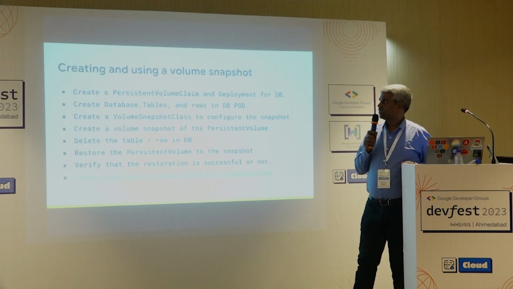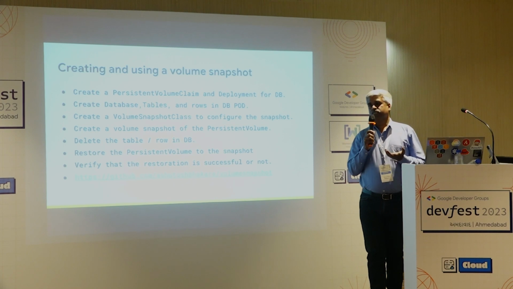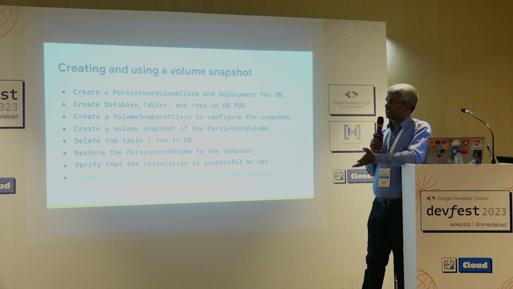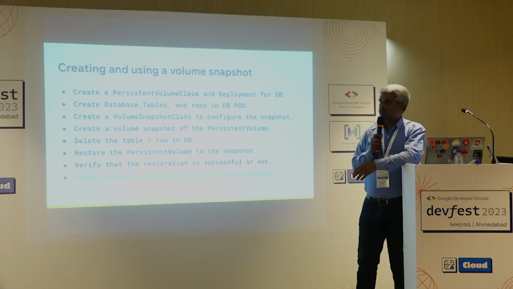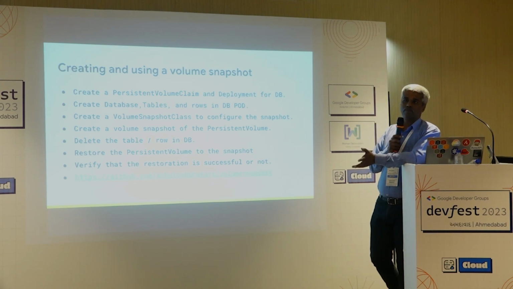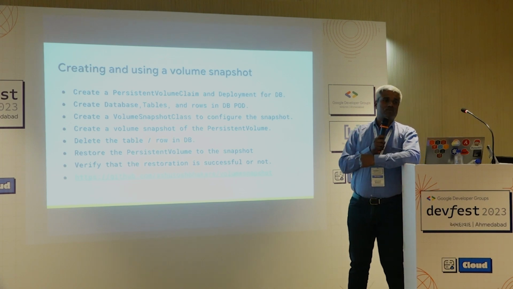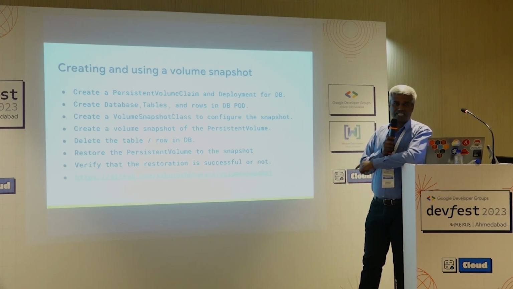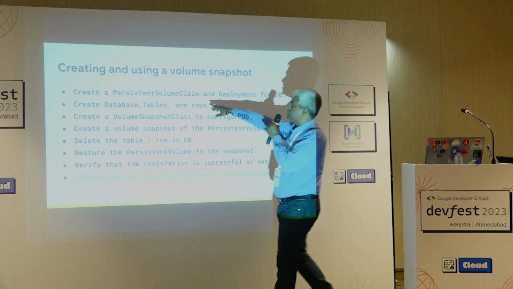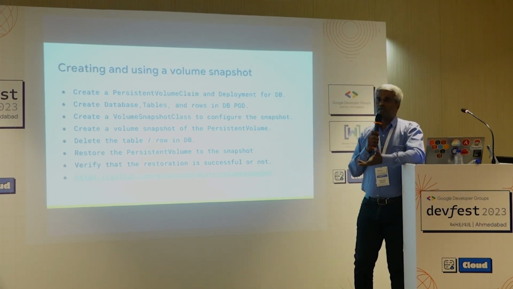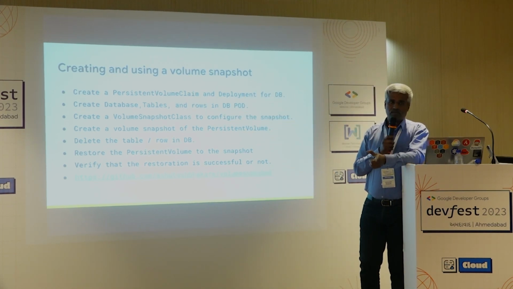To do this, these are the basic steps which I have customized for this particular session. First, you have to create a PVC. When I say create a PVC, it's a dynamic storage, not a static storage. Then create a deployment and map the PVC to the deployment, right?